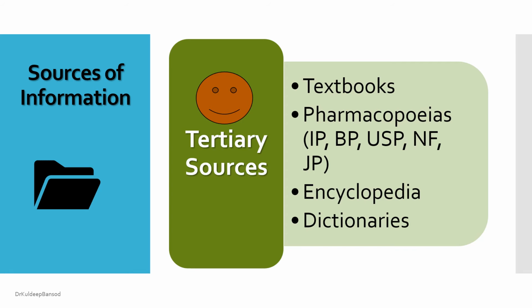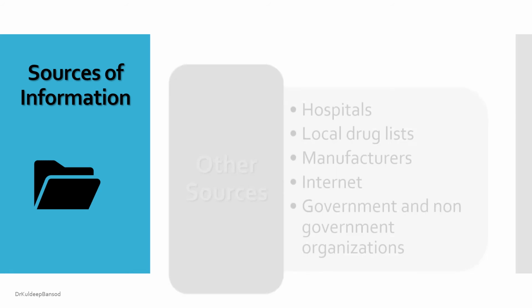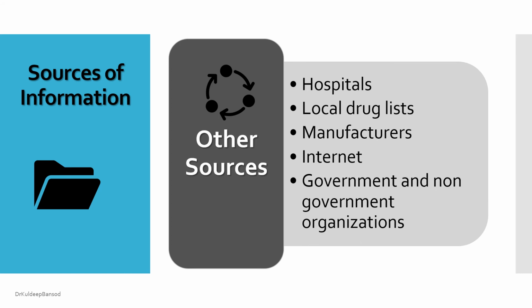Whereas the other sources include hospitals, the information gathered from hospitals about the usage of drugs on their own, the local drug list of a particular country, manufacturers, the internet, and government and non-government organizations.